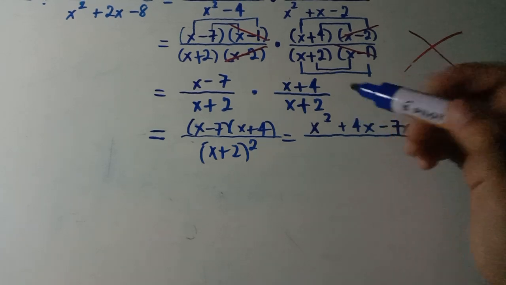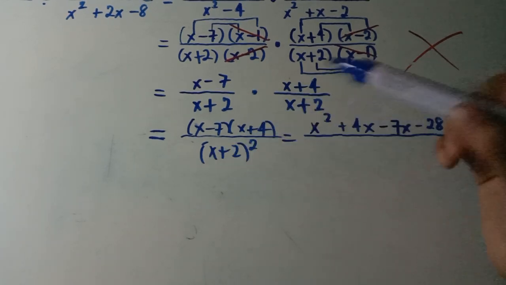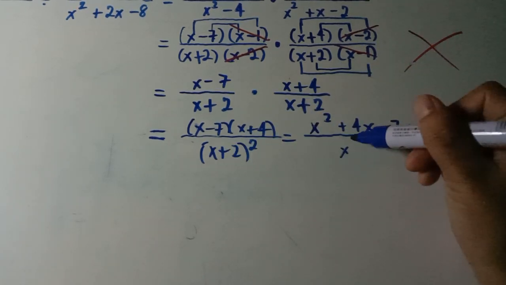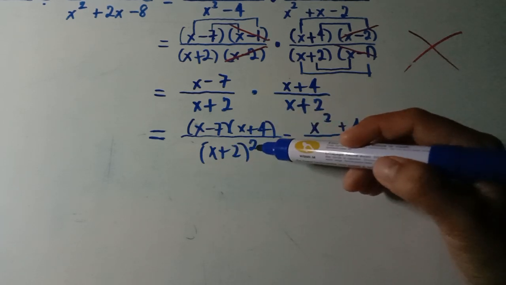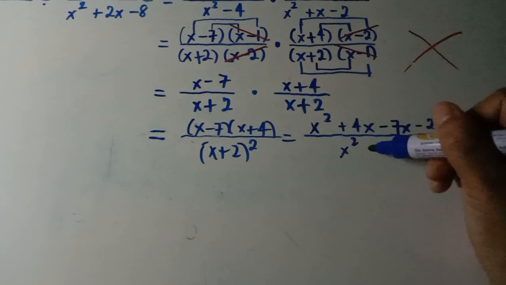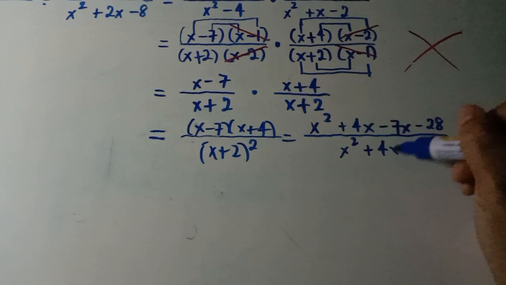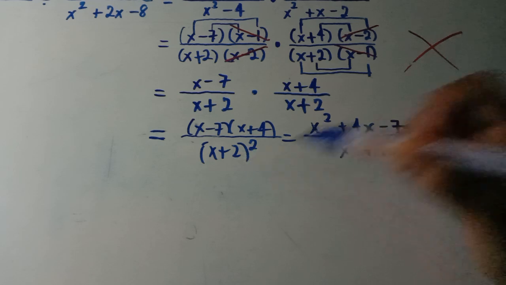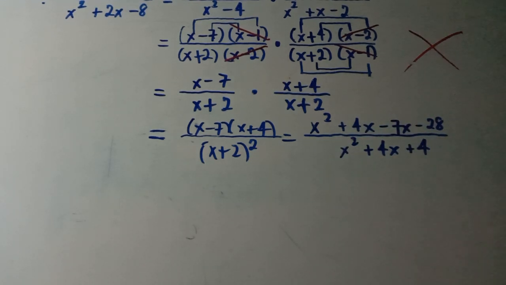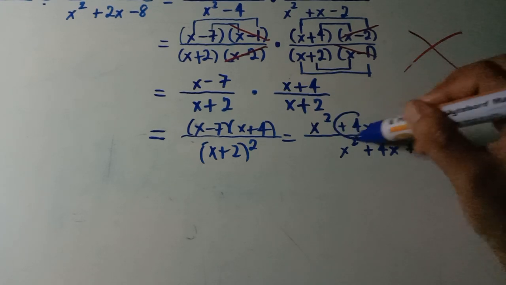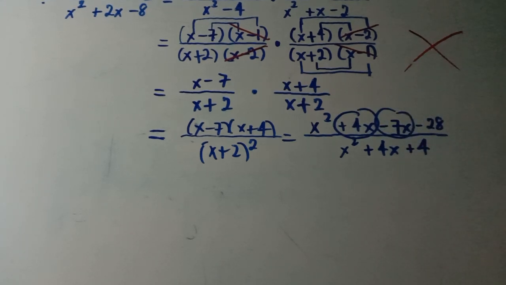Dayon sa denominator, x times x squared, dayon x times 2, 2x times 2, 4x plus 4x, nya 2 times 2, positive 4. Pagkahuman i-combine ning mga like terms, kari sila duha.